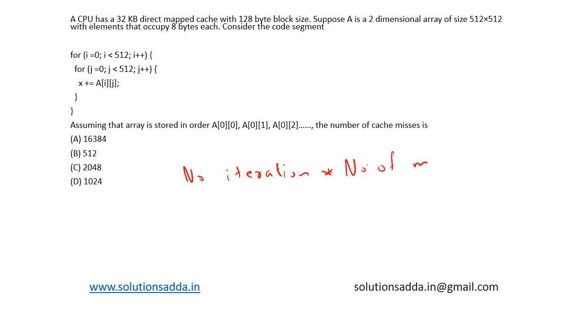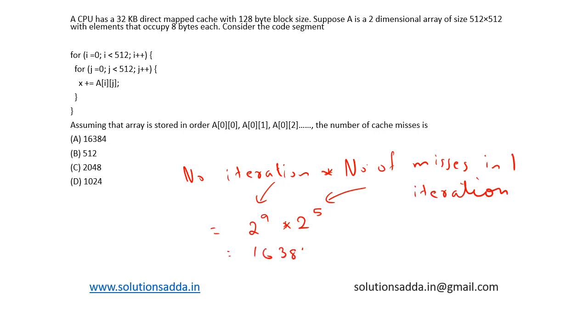The number of iterations is 2 to the power of 9, that is 512, and the number of misses we calculated as 32, that is 2 to the power of 5. So we have 16384. So the correct answer is option A, 16384.